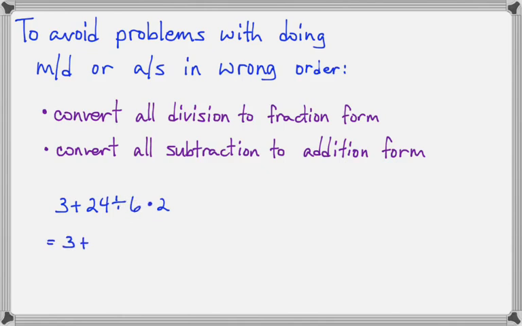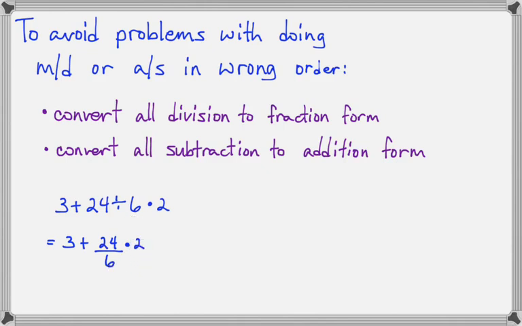And watch how this looks now. See, instead of 24 divided by 6 in this stretched out form, I get 24 divided by 6 in fraction form. Now, because the 6 is in the denominator, that kind of keeps you from multiplying 6 times 2.